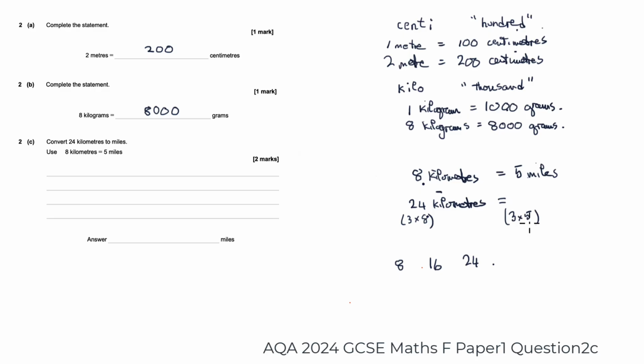Now 3 times 5, 15. So 24 kilometres, 15 miles. And that would be sufficient working. You've shown the thinking behind it, and one of the marks will presumably be for your working out how you explain that.